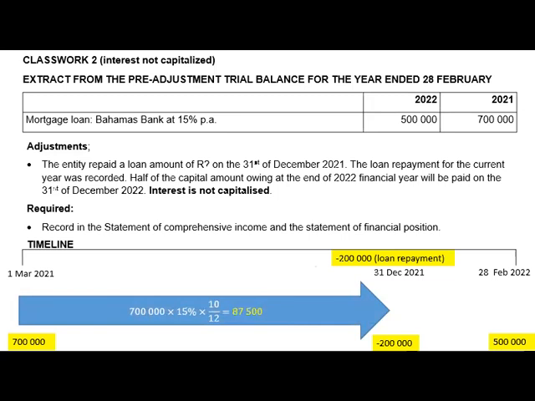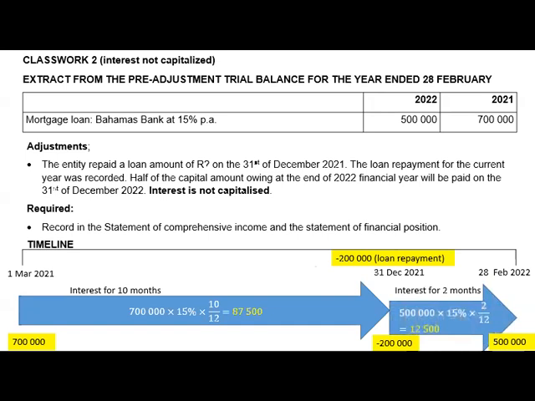And the remaining period, we were owing 500,000. So your interest for the remaining period will be 500,000 times 15 times 2 over 12. That will give you your interest for 2 months, which is January and February, and that will be 12,500.